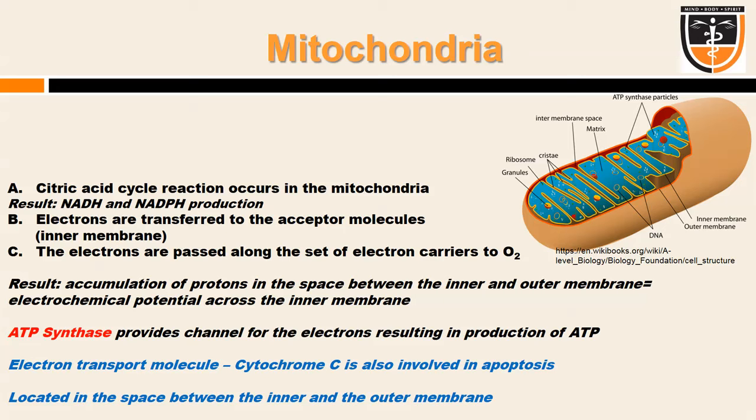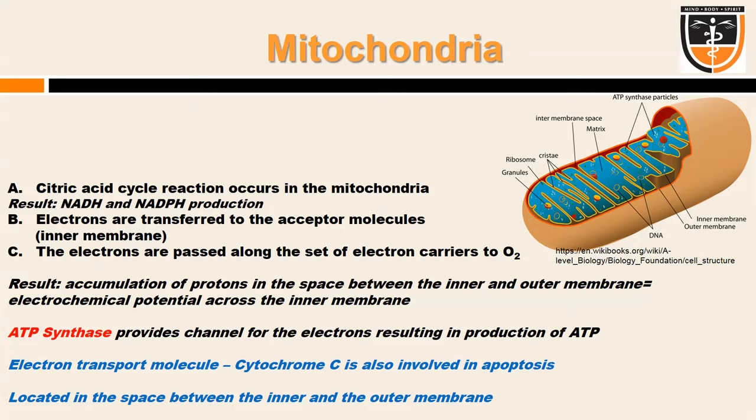These pumps will push protons, hydrogen ions, from inside of the mitochondria into the space between two membranes. Make sense? And now this hydrogen concentration in between these membranes will become really, really high. So where do these protons want to go? From high concentration to low concentration.